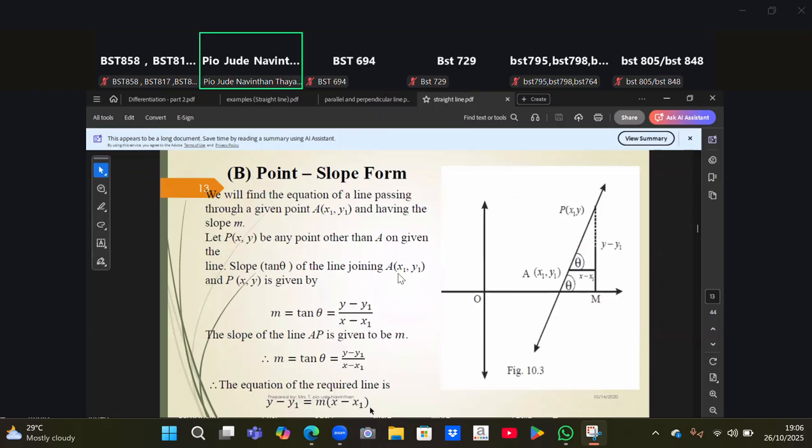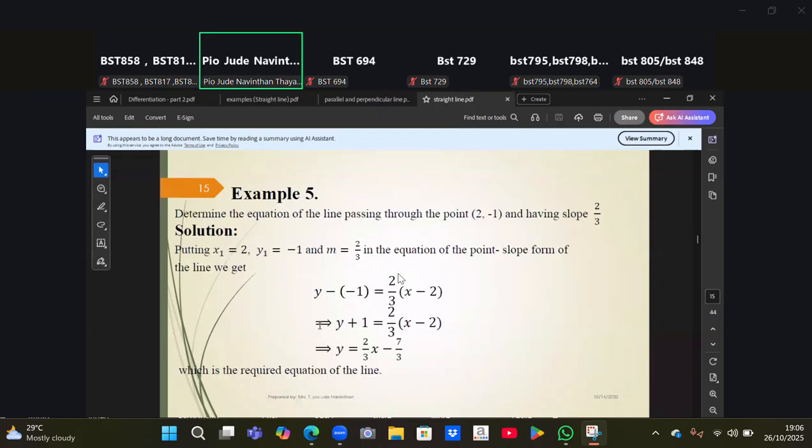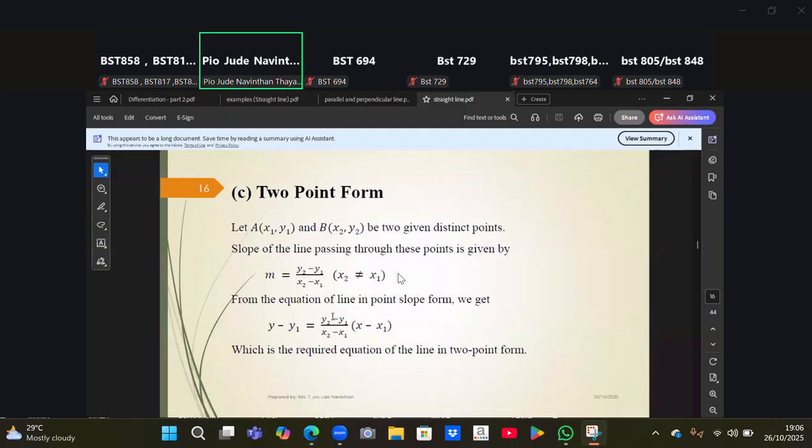Yes, you can come here. Y minus y1 equal to m into, what is here? Y difference over x difference into x minus x1. We are using the previous method, right? So you can write this equation straightaway and find the required equation.